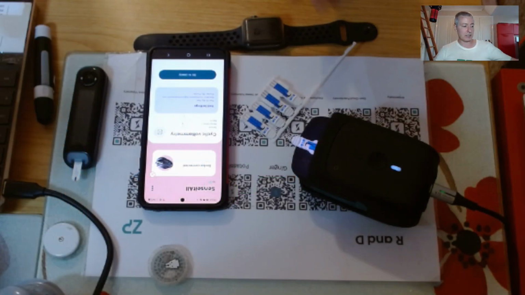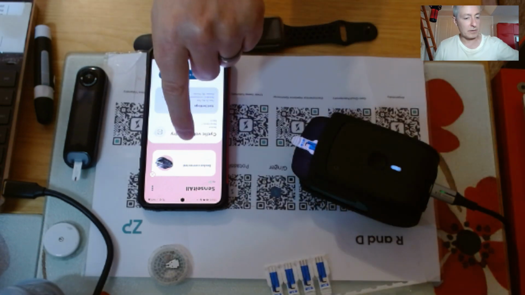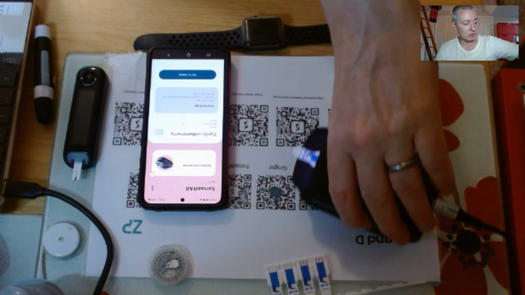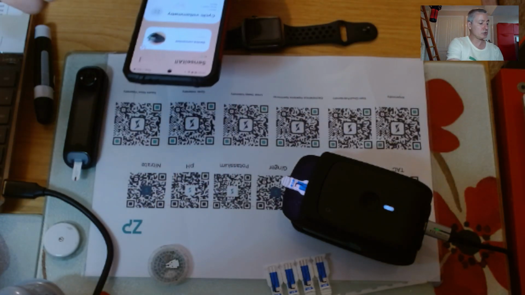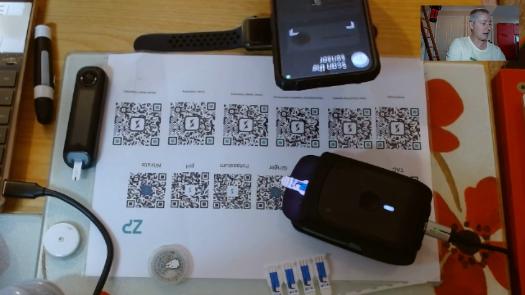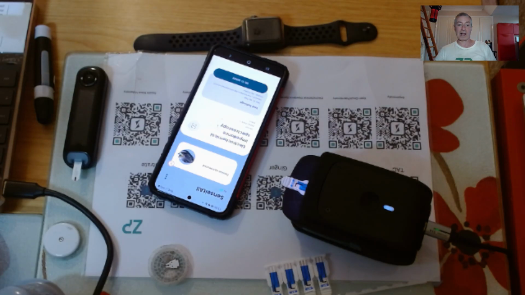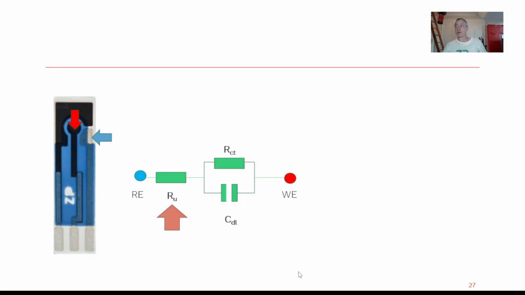To do the voltammetry, I can use a SuperBias, a potentiostat that Zimmer and Peacock produce, and it will also do EIS. So I can do EIS to help me determine what my solution resistance is, and then figure out what kind of impact that's really having on my voltammetry. And I'll do some calculations for you now.